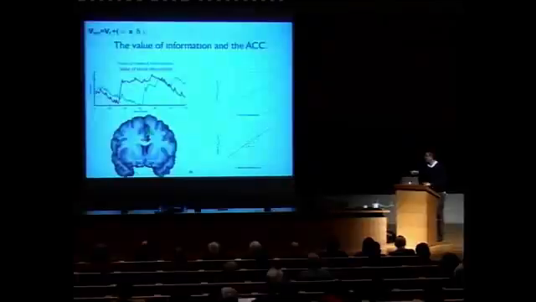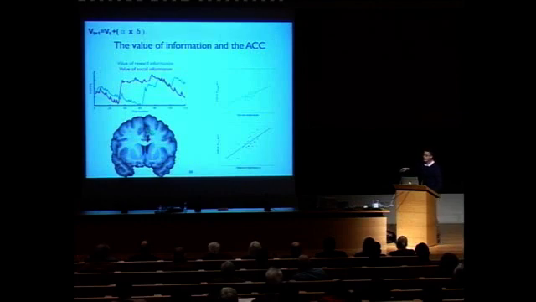And so we've got one other piece of evidence to support that. Actually, there's a couple of other ones. Here's the first one. I've shown you so far that the value of information across trials correlates with these things. But the next thing that we could ask is, does the value of information across subjects predict these things as well?